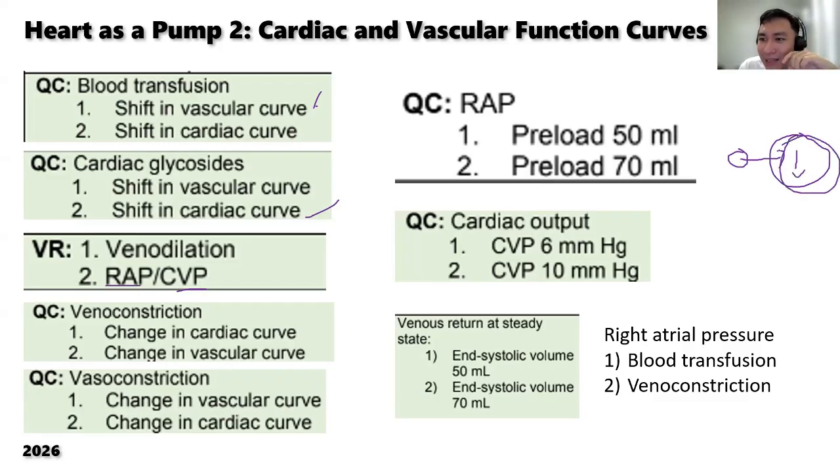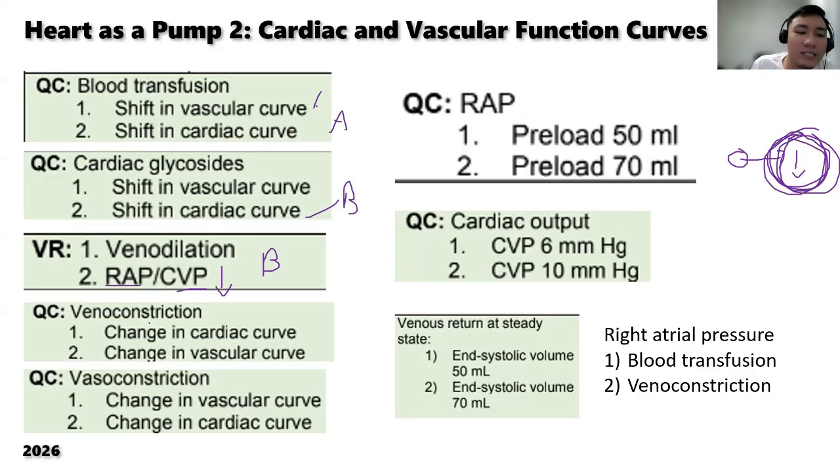Kasi malaki na yung space na pwede niyang lagyan. Di ba? So nung dinilate mo yung vein, yung pressure mo dito is not as much na kasi malaki na yung pwede niyang lagyan eh. Di ba? So your venodilation would cause a decrease in central venous pressure or right atrial pressure. So this is B. Okay, this is A, this is B.